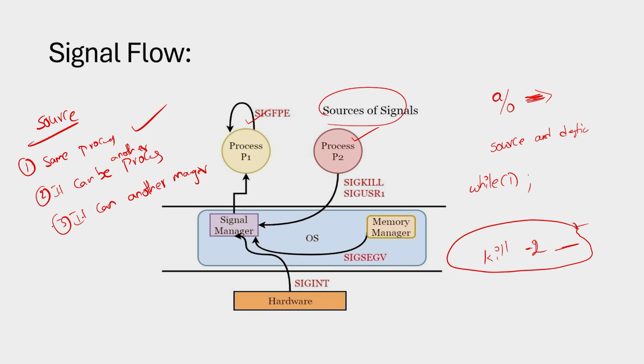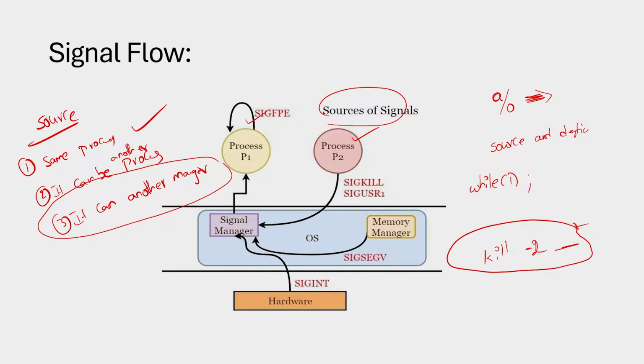Next, third one, it can be another manager. In the sense, for this example, let's say in your code 5 bytes of memory are allocated. Now unfortunately you are using the 6th byte. What will happen?